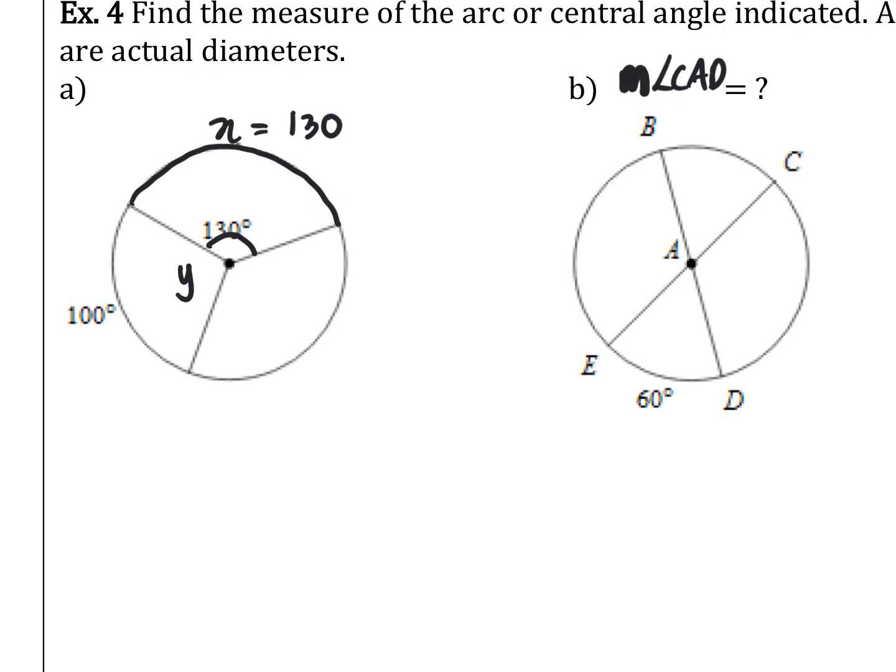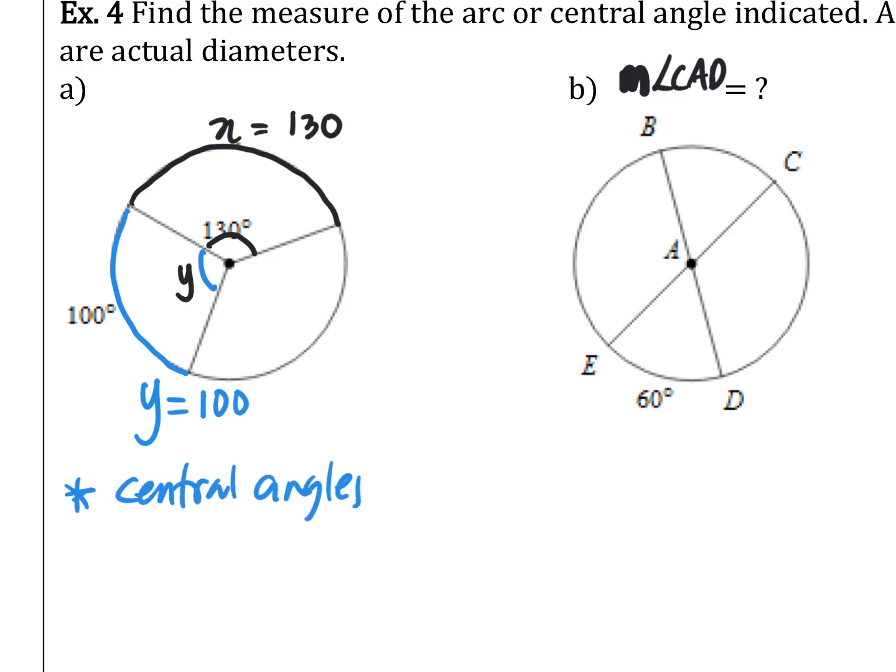Now, what about this Y? The size of the arc subtended by these radii is also the same as its central angle, so Y is equal to 100. The basic understanding here: always remember that central angles and arcs are congruent.